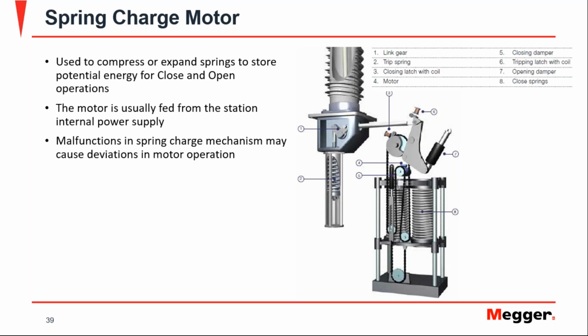So at certain point in the operation, the breaker or the spring needs to be charged, and there's a motor for that. This motor is fed from the internal power supply of the substation, and any malfunction in the mechanism that is coupled to this motor will affect how the current of the motor looks.